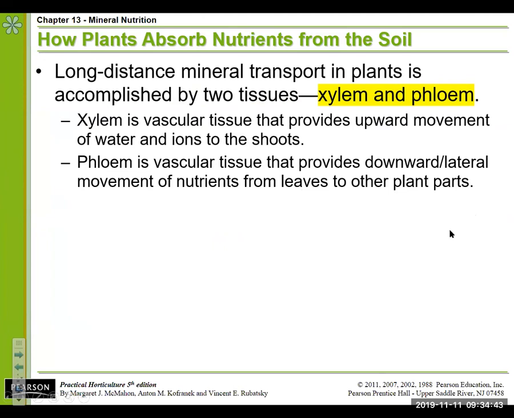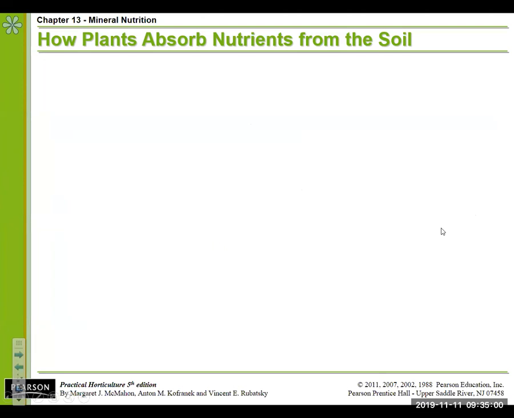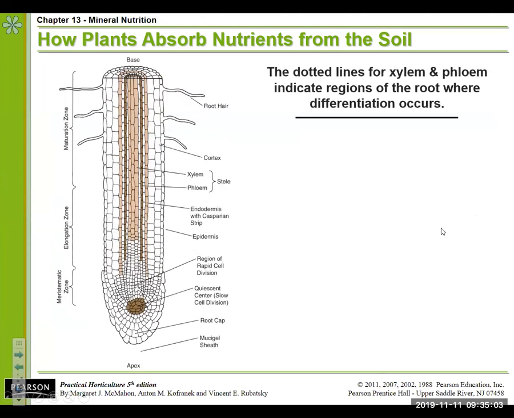Xylem, the upward movement of water and ions, can also be downward in some cases. The phloem, we're thinking more of the food, moving the photosynthates from the leaves, the nutrients that are fixed there, into other plant parts, downward and laterally.